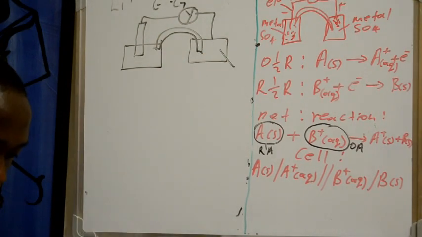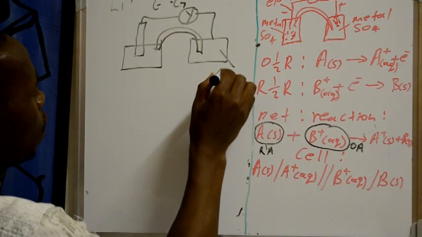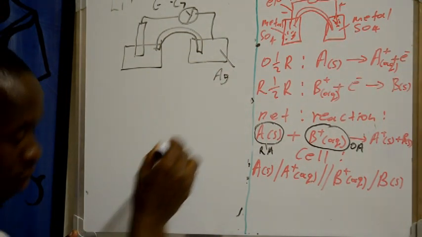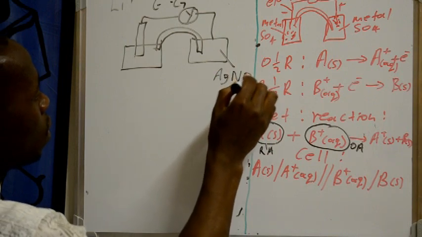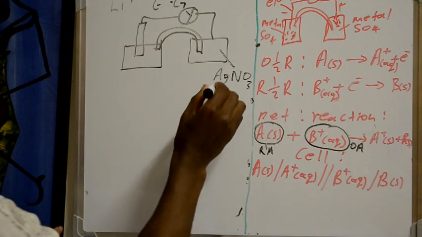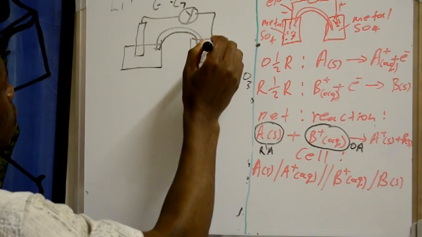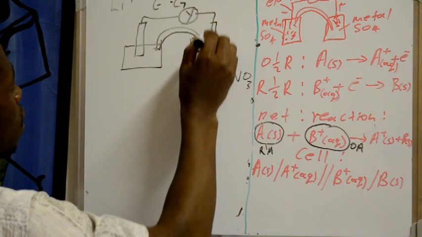Then from here I've got silver nitrate solution, which is aqueous. So this is my Ag electrode which is here.